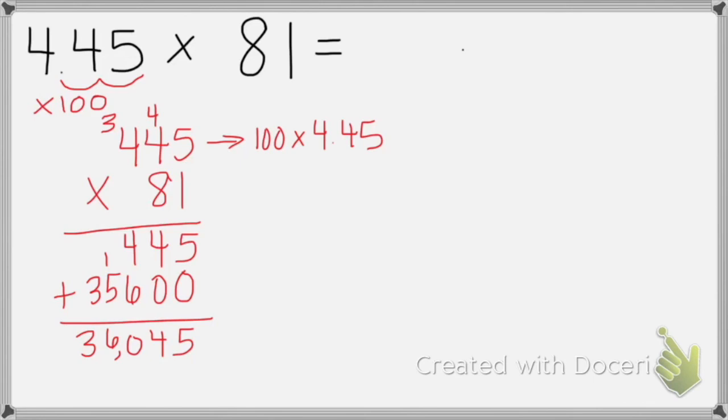Therefore, my answer is 100 times larger than what I need it to be. So what I can do with my answer is just divide it by 100. And when we divide our number by 100, we're shifting it right 2 places on the place value chart, which will end up putting the decimal right here.